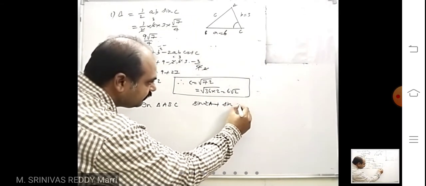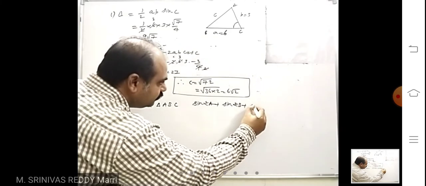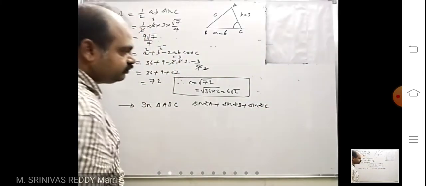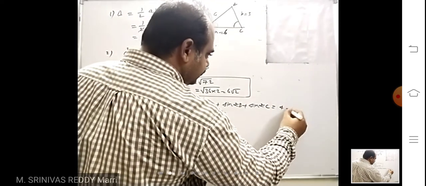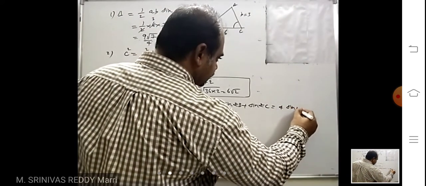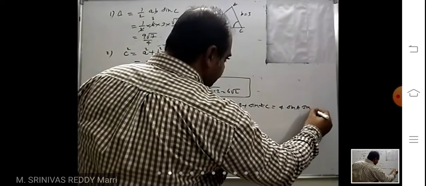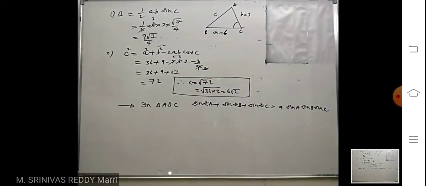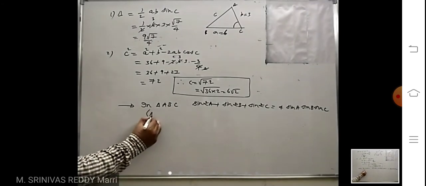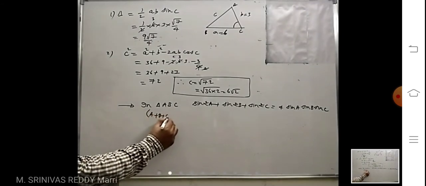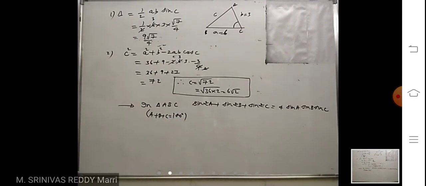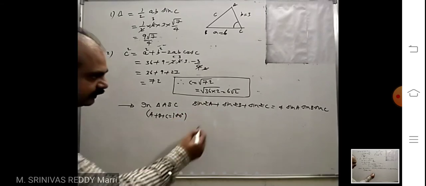Sine 2A plus sine 2B plus sine 2C, this you will get 4 sine A sine B sine C. In triangle ABC, that means, if A plus B plus C equal to 180 degree, then sine 2A plus sine 2B plus sine 2C equals 4 sine A sine B sine C.